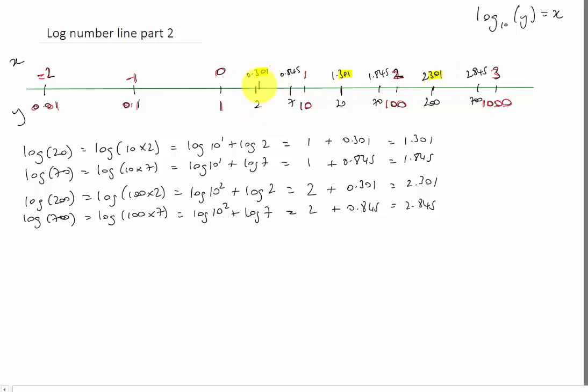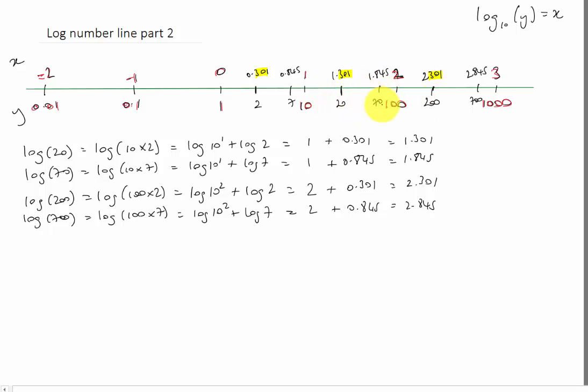So I hope you noticed here, this 301 part stays the same. The first part, before the decimal place, determines what order of magnitude we're in. So 0.301 means that we're in between 1 and 10. And then if we multiply by 10, then it's the first part of the logarithm that changes.